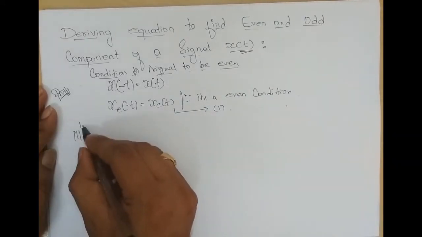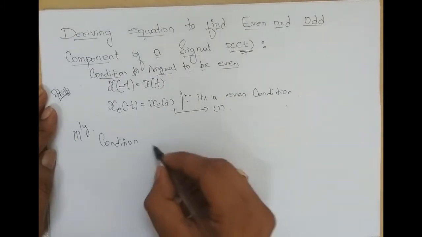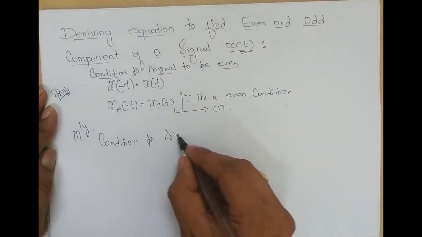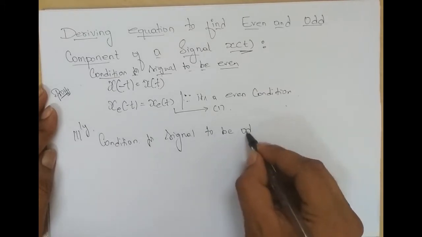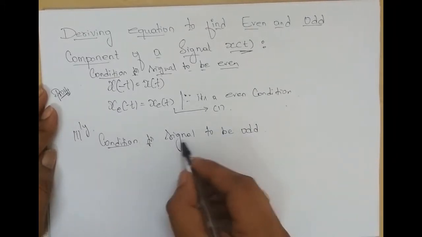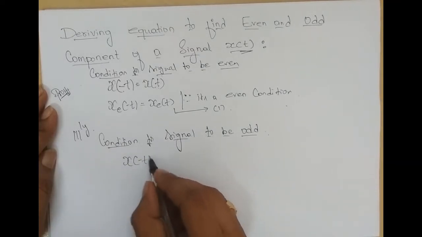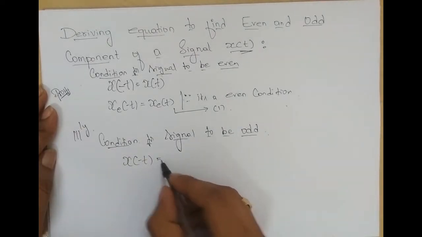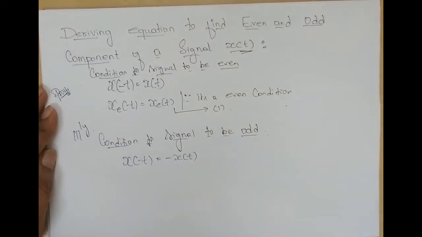So similarly, what is the condition for a signal to be odd? It is the amplitude at the negative side of t should be negative of the amplitude in the positive side of t, right?